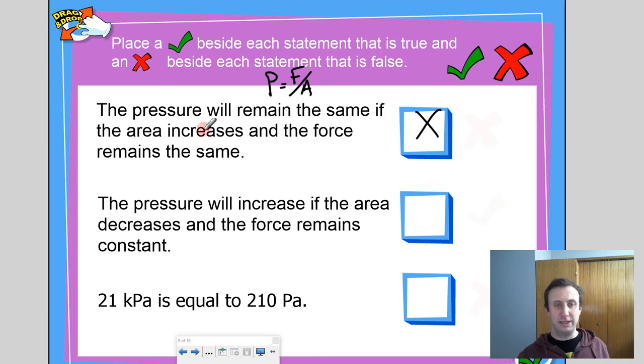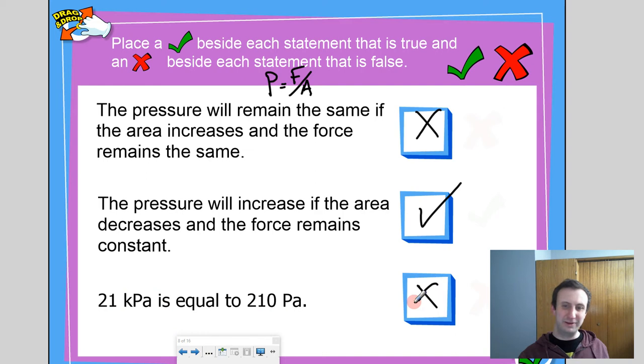No. If the area increases, then that means pressure is going to go down. The pressure will increase if the area decreases and the force remains the same. That is true.